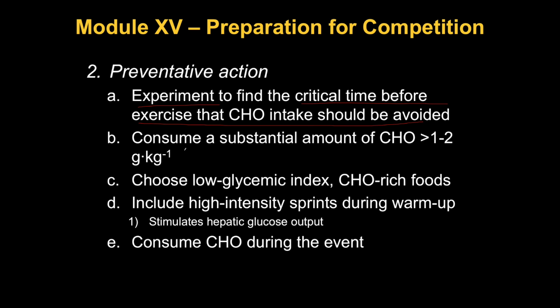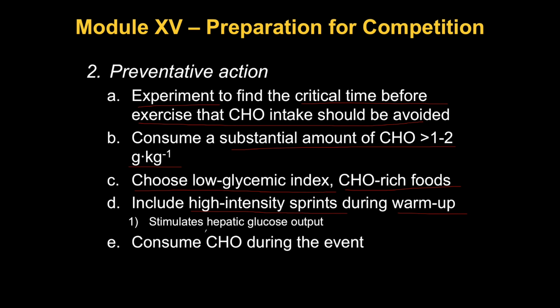There needs to be a substantial amount of carbohydrate consumed, so greater than 1 to 2 grams per kilogram, in order to figure this out. We would like to choose low glycemic index carbohydrate-rich foods to help with this issue, and we also want to include high-intensity sprints during the warm-up.